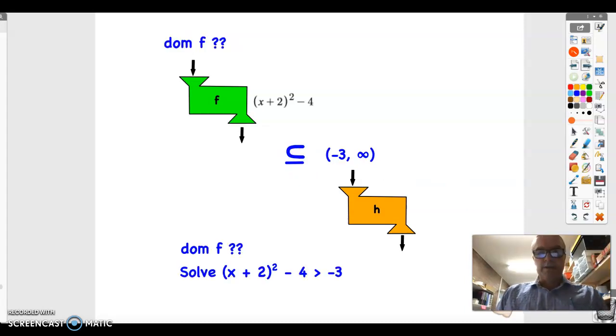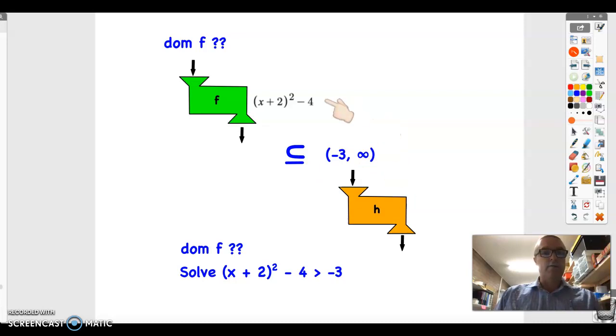So what we can do in this situation is we can make a modification or a restriction to the domain of f so that the output of that function is actually going to be a subset of the domain of h.